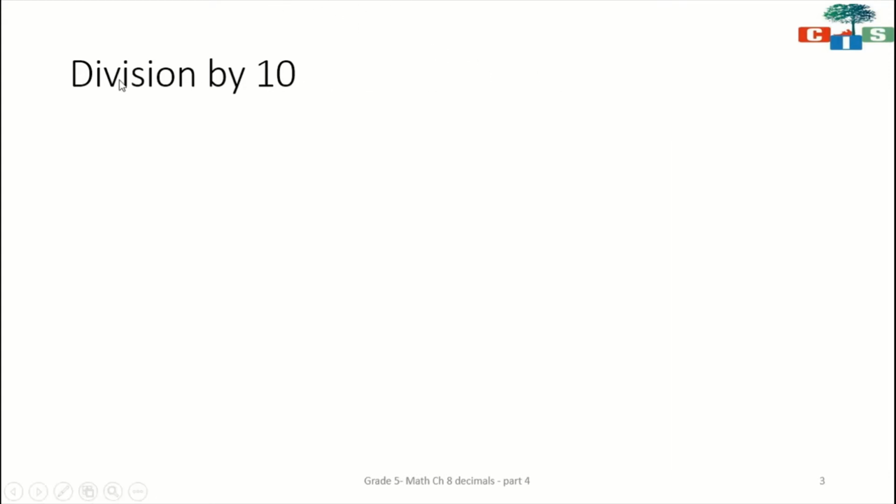So first of all scholars, we will see division by 10. We will take few examples from our exercise 8.2 question number 2, and here we have first example 291.6 divided by 10. Let's see how to do this.